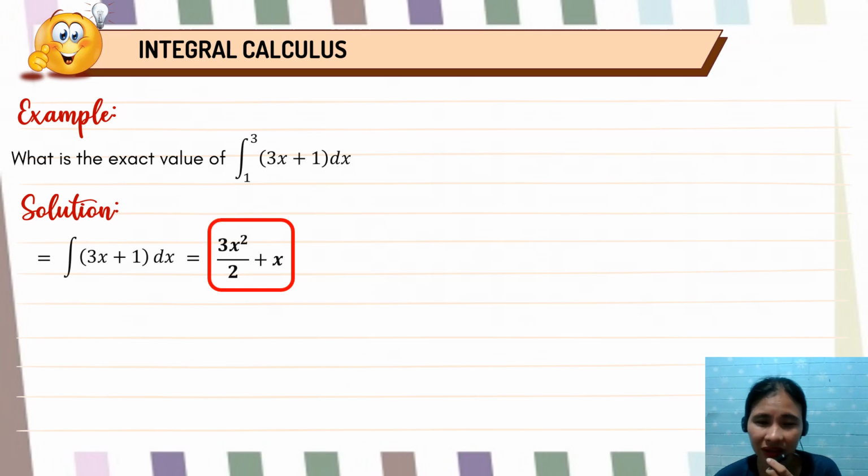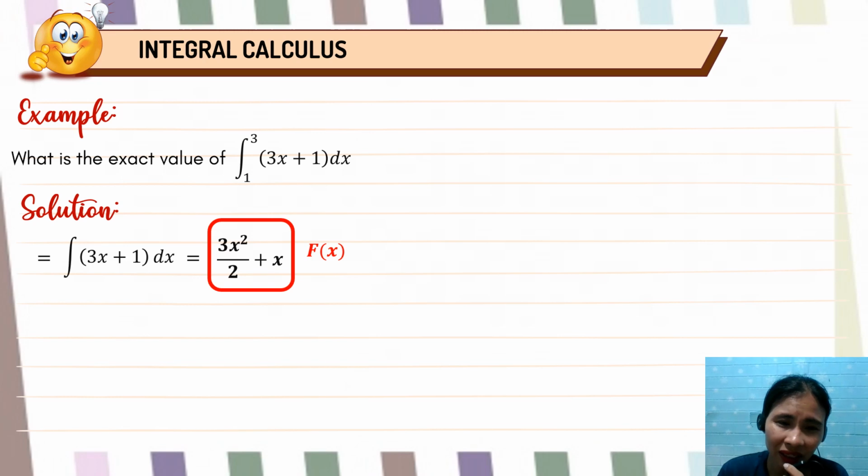In this video, I assume that you already have an idea of how to integrate polynomial functions. If you don't yet, better watch my video on the antiderivative of polynomial functions first, because the concept of antiderivative is needed here. So this expression is our F of x.